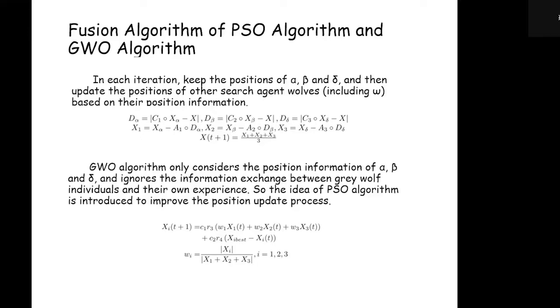So the idea of the PSO algorithm is introduced to improve the position update process. We can see the best position of wolf individuals is taken into consideration in the formula.